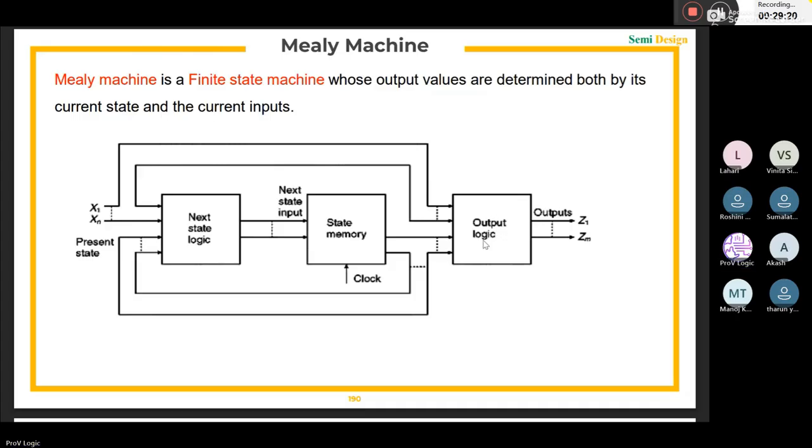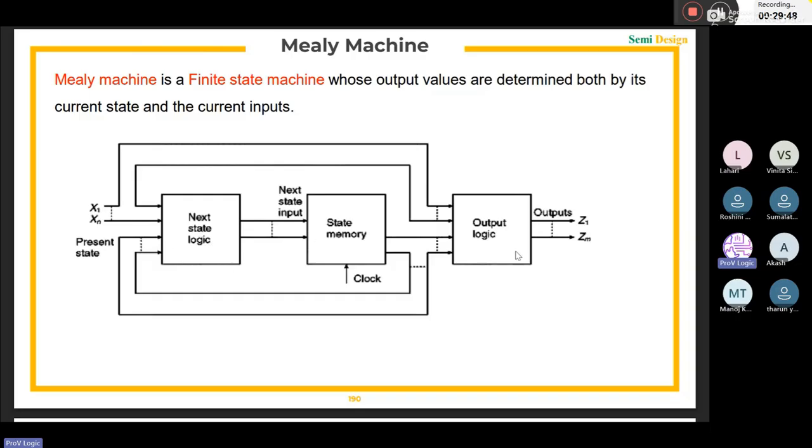So here the output comes from the inputs x1 to xn, the present inputs, and also from another input, the state memory. Whatever output comes from the state memory is connected to the output logic, and the feedback is connected to the next state logic, the present state feedback.